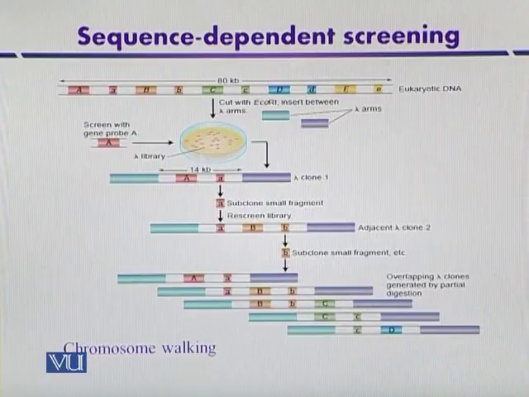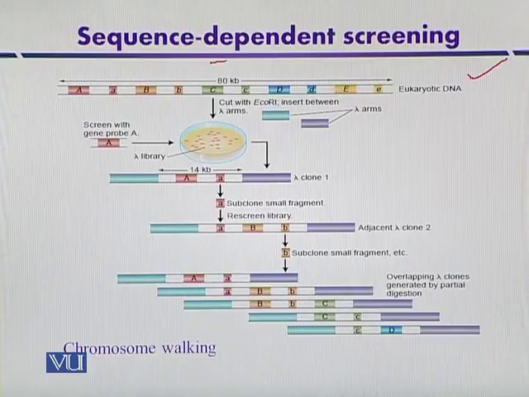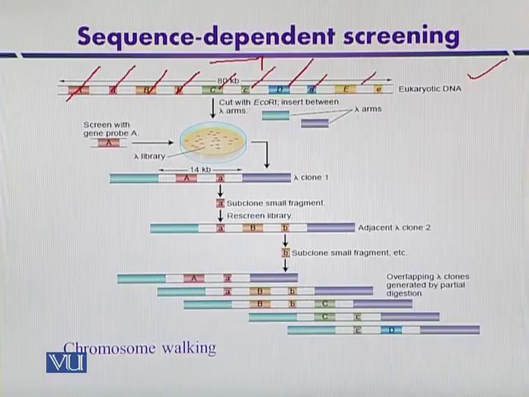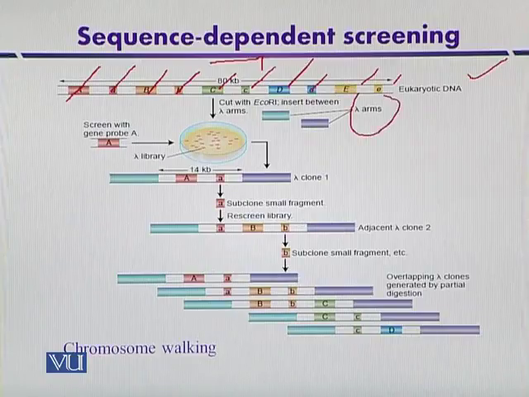Here we have eukaryotic DNA that may be around 80 kilobases in length, and it contains different types of genes like A capital, A small, B, B small, C, C small, D, D small, E and E small. These genes can be digested into different fragments with the help of EcoRI enzyme, and these fragments can then be ligated within the arms of bacteriophage lambda.